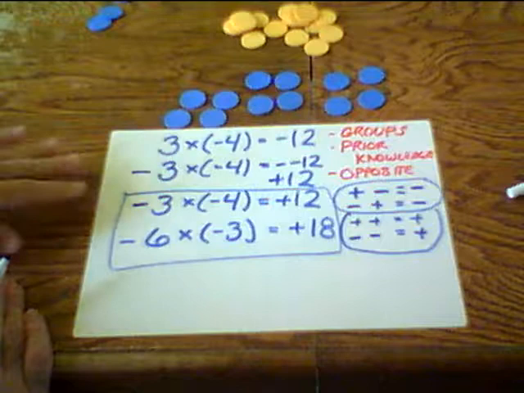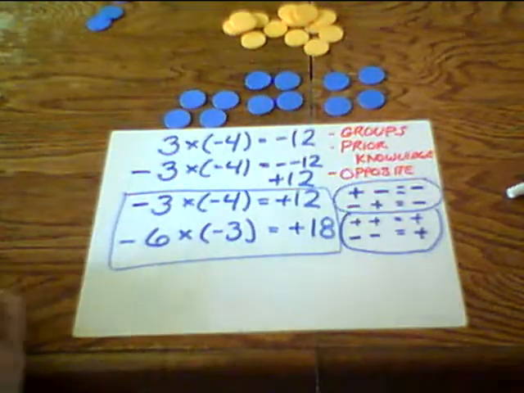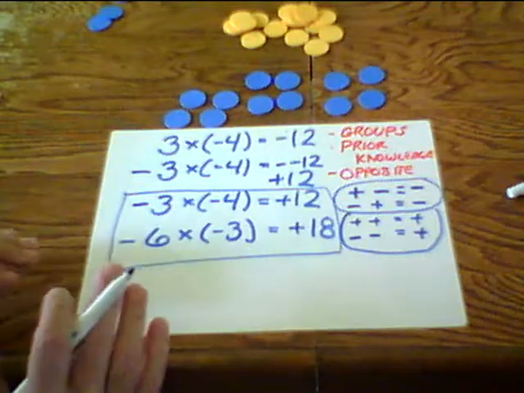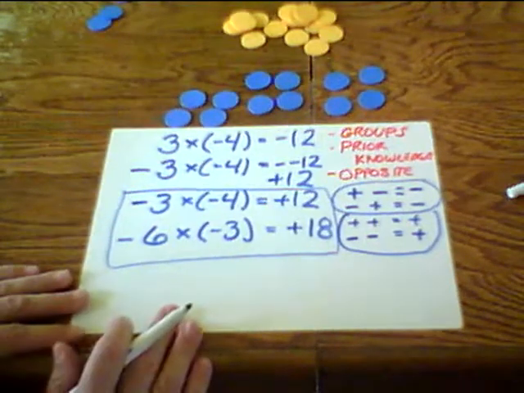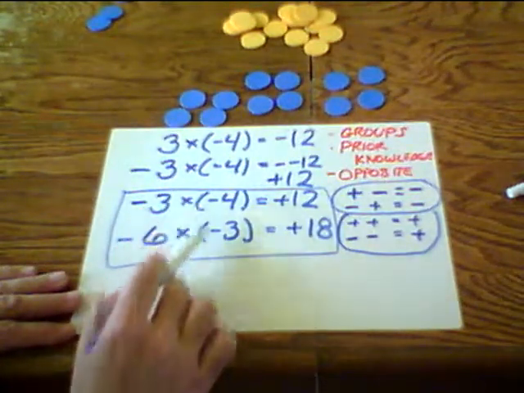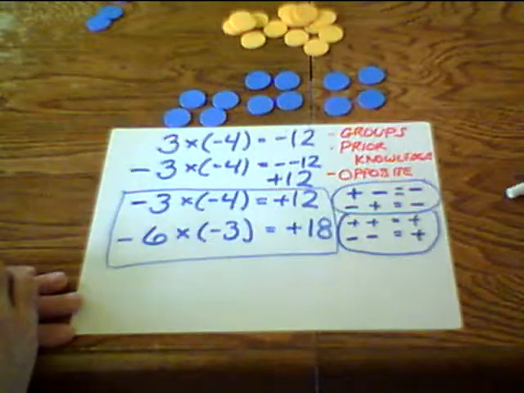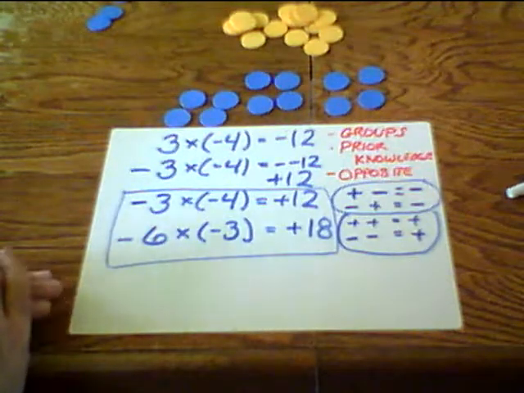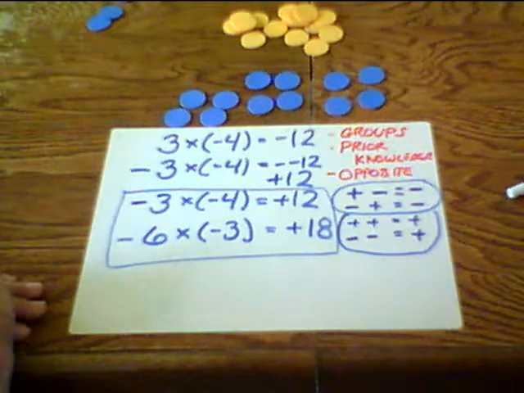Okay, so they're reasoning abstractly. They're looking for patterns. At least the higher levels of Bloom's taxonomy are identified here because they are analyzing situations, they're evaluating them, and they are creating rules. So that's the general way to teach multiplication of positive and negative integers.